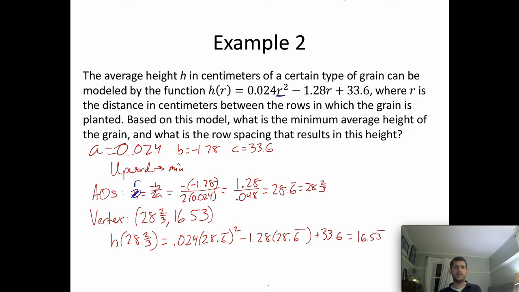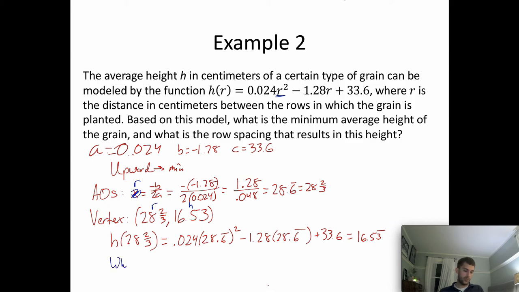So what does that mean in the context of this? So this 28.23, we decided that was our R, not decided, we discovered that was our R. The 16.53, that's our H. So R stands for the distance in centimeters between the rows.